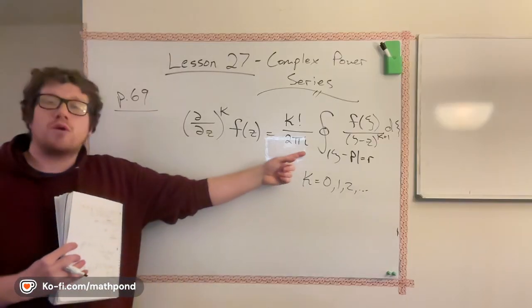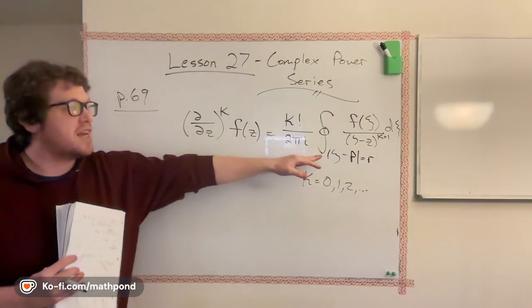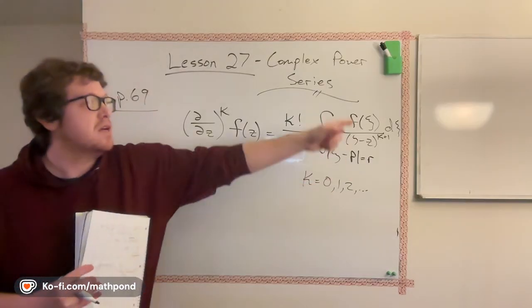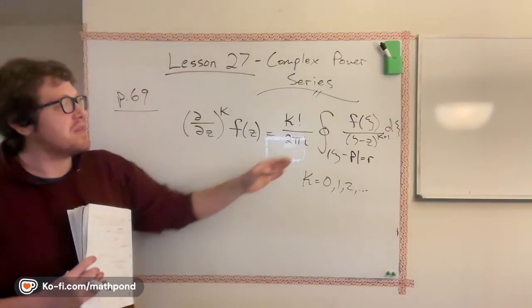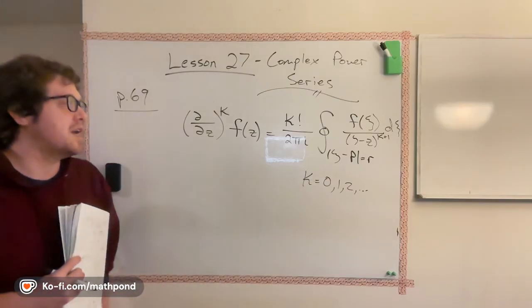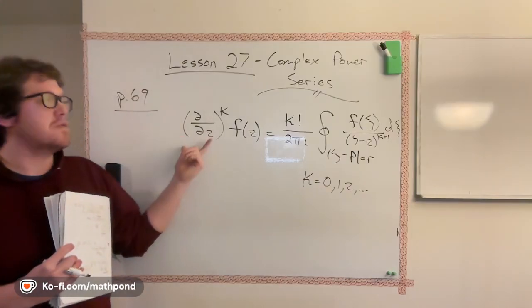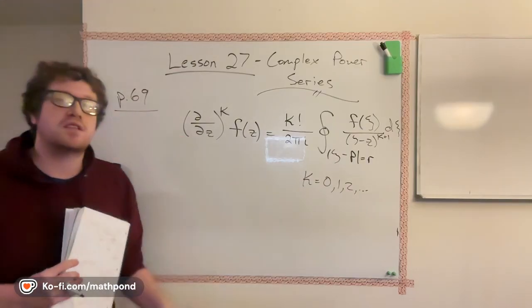And this becomes important for estimates later. We get into Cauchy estimates, and you can estimate this integral because it has a finite length of the path. If you can bound this function, you can end up getting bounds on the function or the derivatives of the function using this same formula.